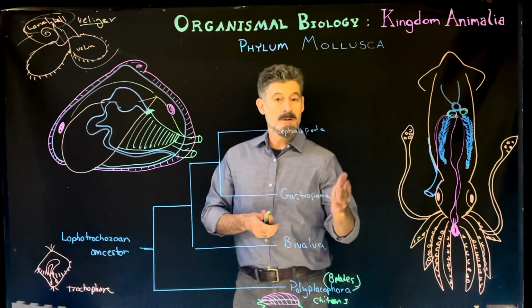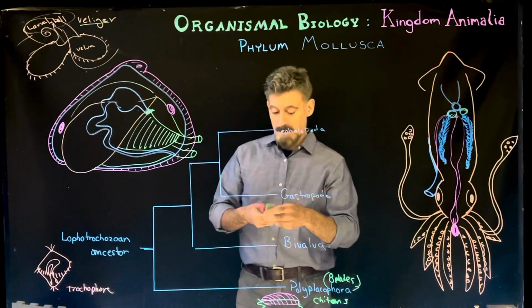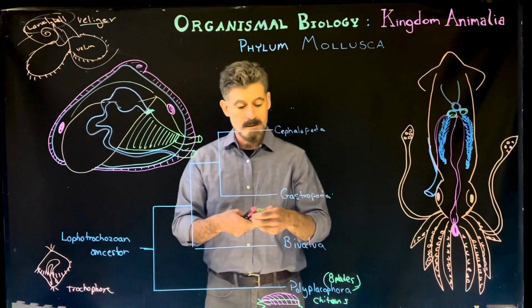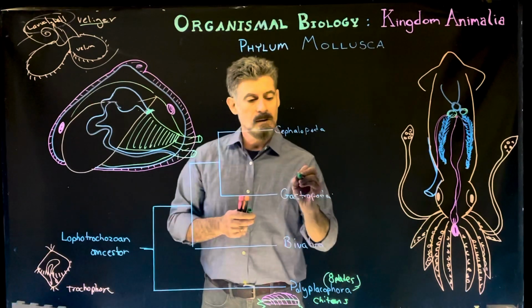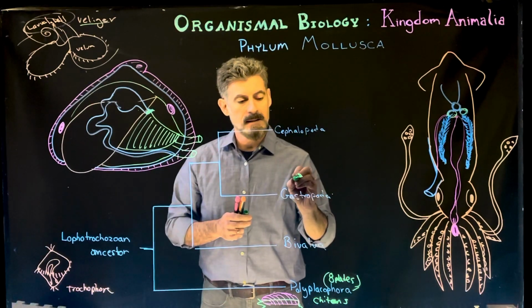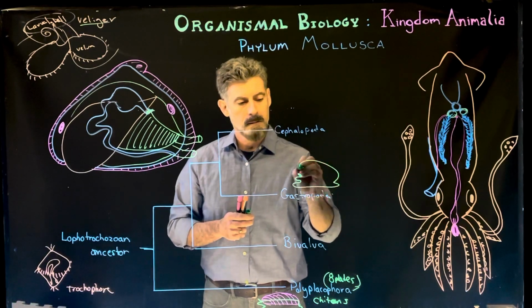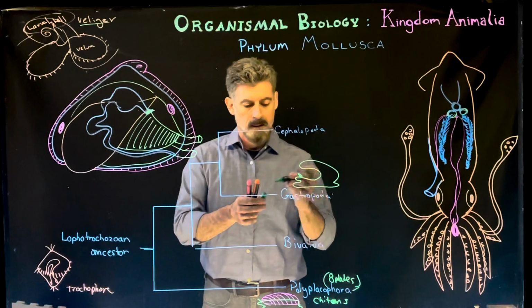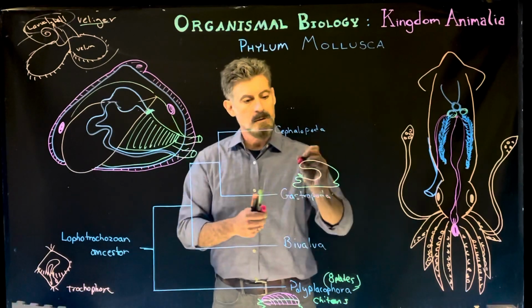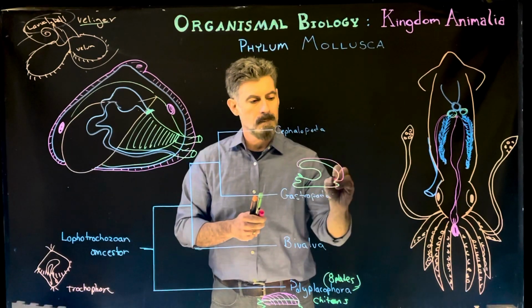The gastropods, which I said is the other one that was similar to the hypothetical ancestral mollusk, the way in which they're primarily different is here. So if this will be the shell.